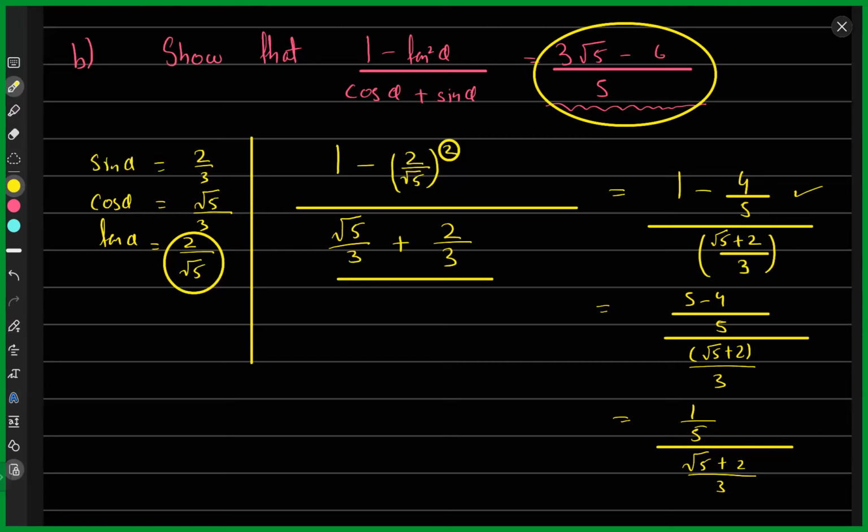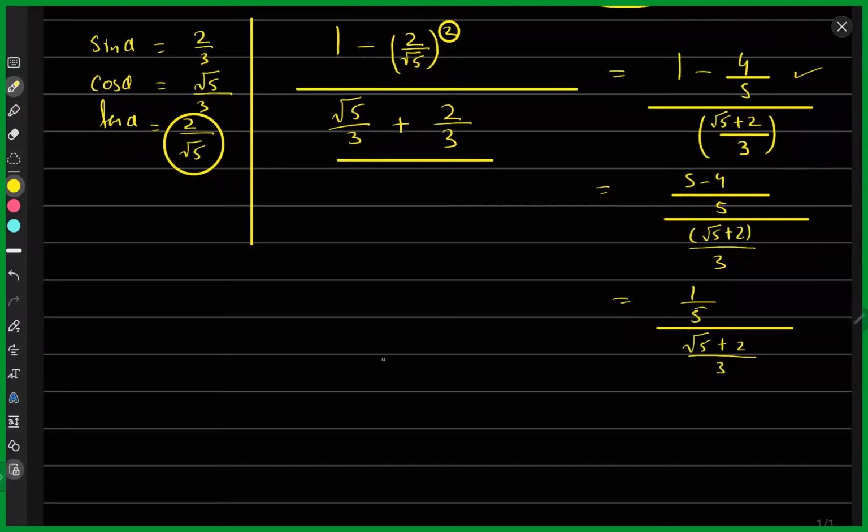Okay. At this point, let me do one more step just so things get better, and then I would want you guys to give your input because this is something that we already know. I can write it as 1 by 5 divided by root 5 plus 2 divided by 3.